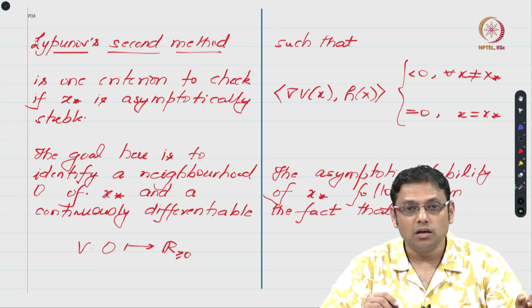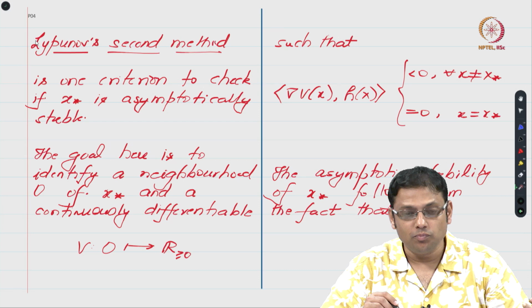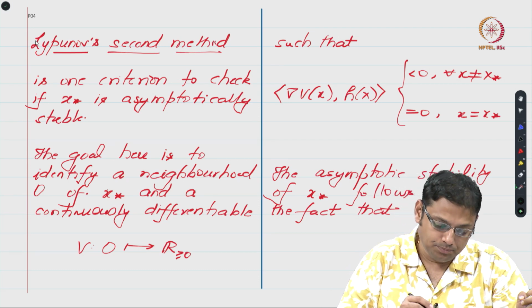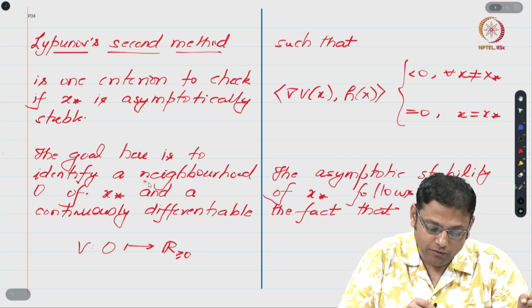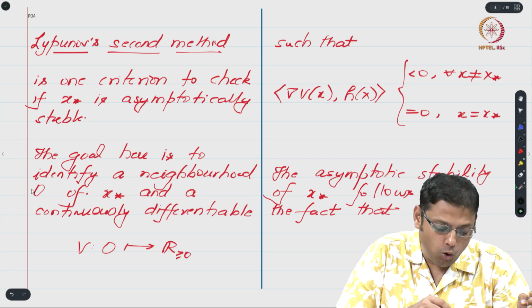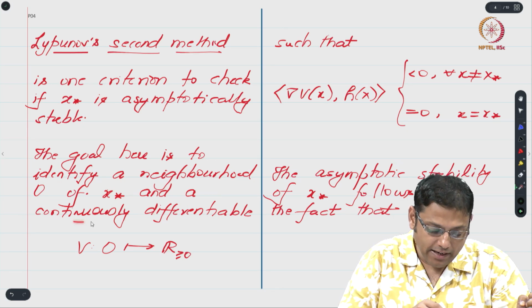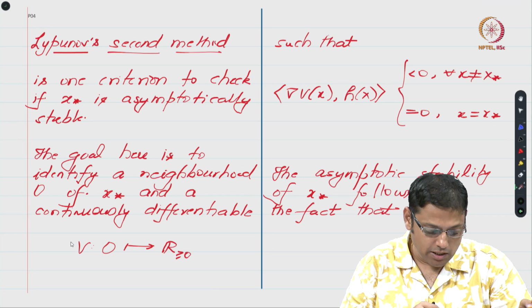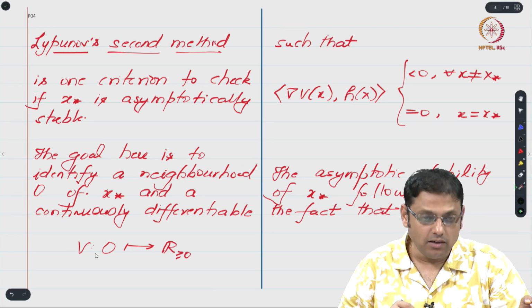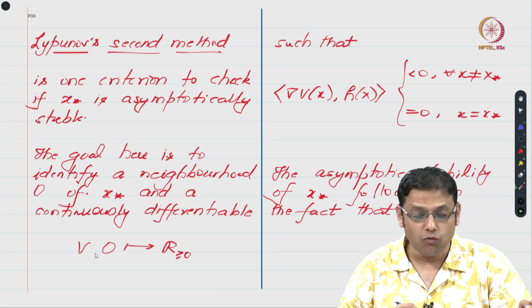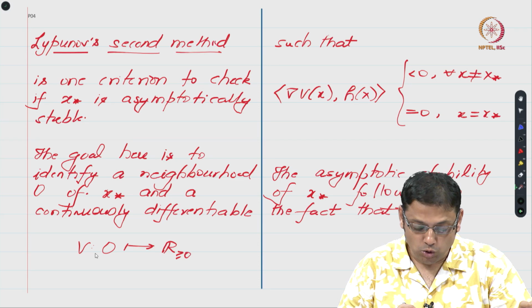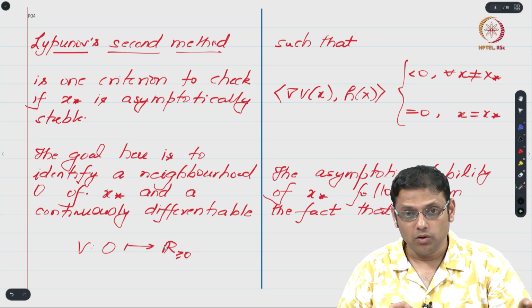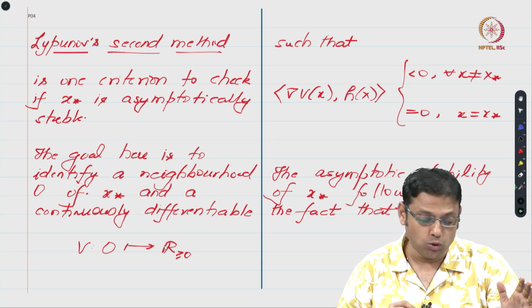The idea in the Lyapunov method is to first identify a neighborhood O of x star and a continuously differentiable function V, which is defined over O and maps elements of O, which is a subset of Rd, to non-negative real numbers. Let us again understand what we are trying to do.